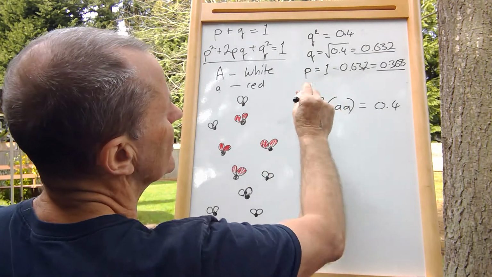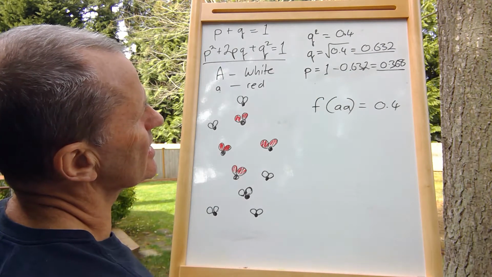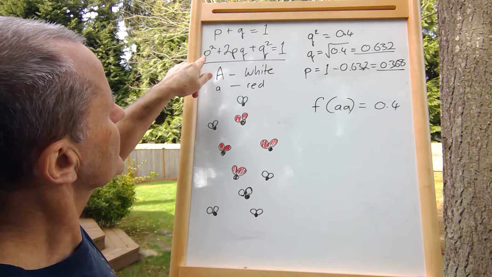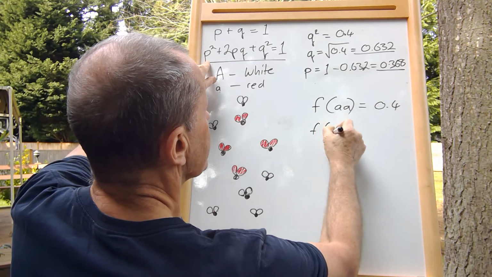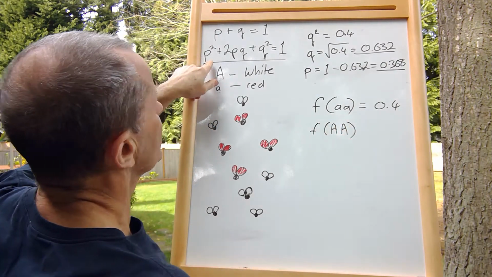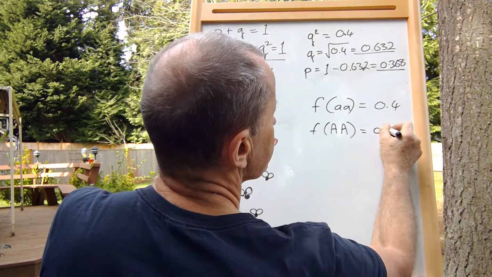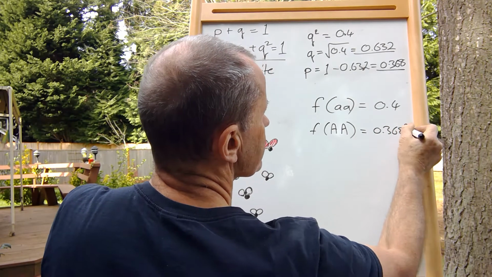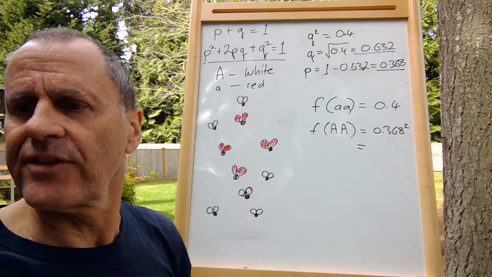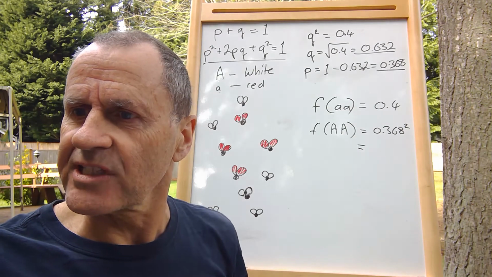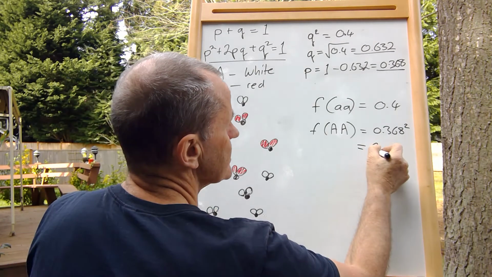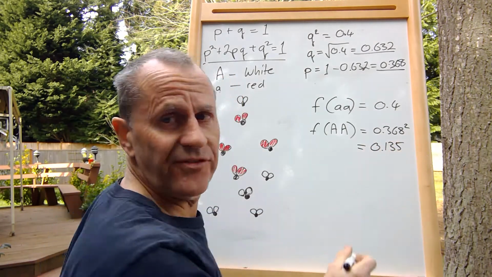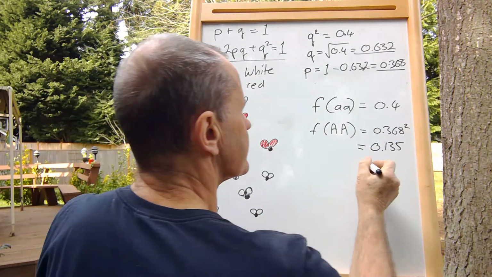So we know now that the frequency of p is 0.368. So the frequency of homozygous dominant must be 0.368 squared. And if we work out what that is, and I'll just check my notes because I worked this out before, that is 0.135. Yes, that is right.